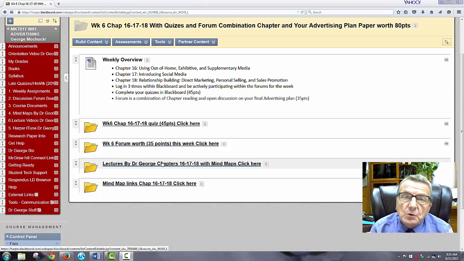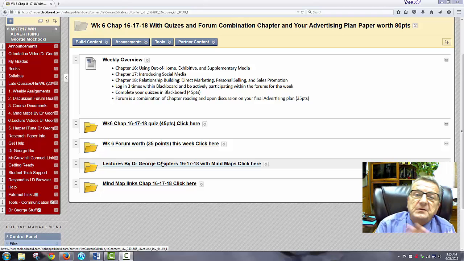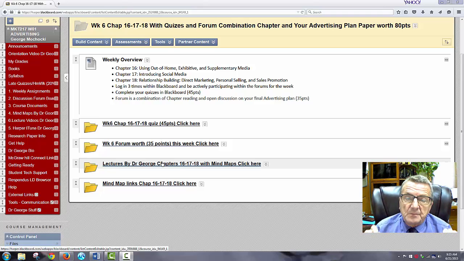The more you interact, reading it, looking at my concept maps or mind maps, adding to it, and then looking at the lectures that I have for each chapter, the lectures will go through utilizing mind maps. So I'll open up to the 3rd, 4th, or 5th tier. So take what you've read, use the concept maps, and now look at my lectures and follow along. Oh, I missed that, or I didn't miss that. This is how you're going to learn.